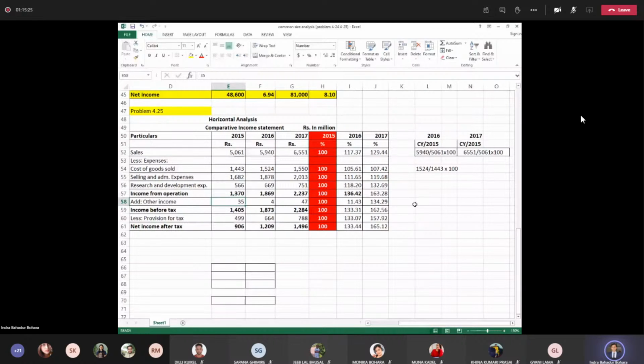Like this, we calculate the value. Then we evaluate the performance based on the horizontal analysis. Sales gradually increase, and similarly, cost of goods sold slightly increases, and selling and distribution expenses are up 11% here, 19% here.